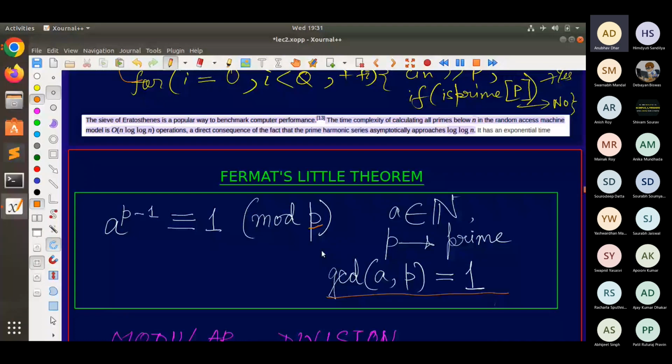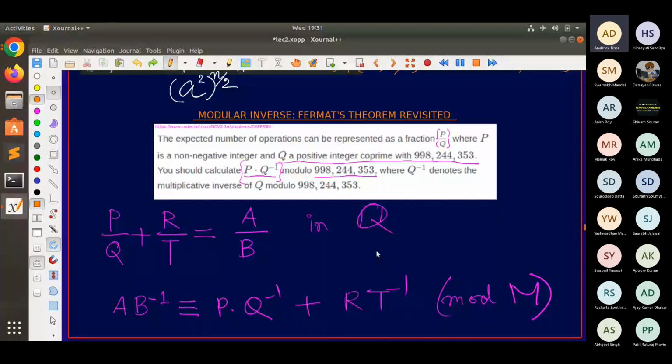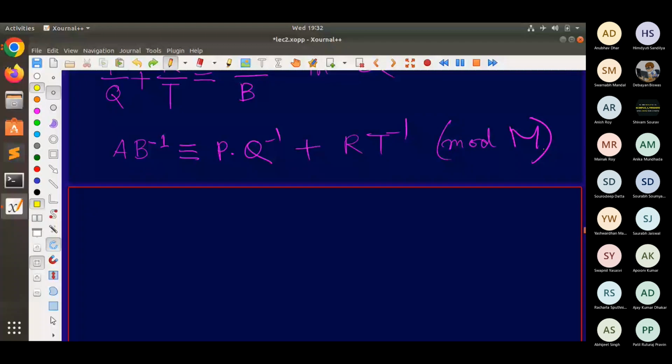So the GFG article that you have read is basically finding out the modular inverse for any number A and any modulo n. Right. So this need not be prime.